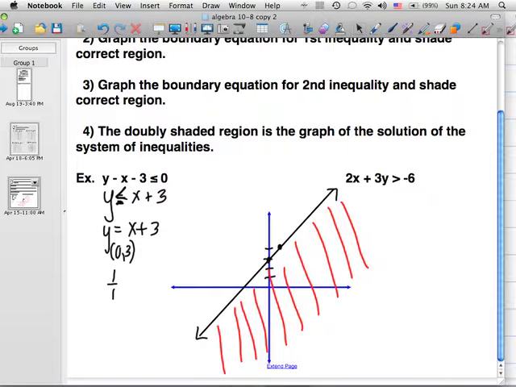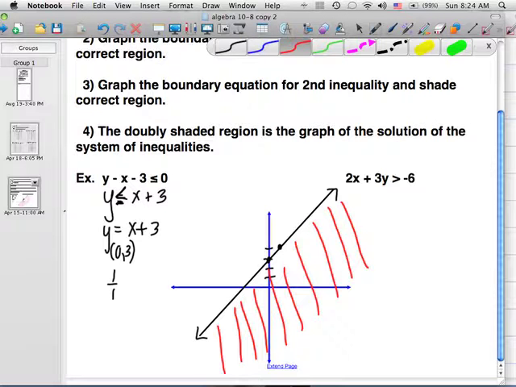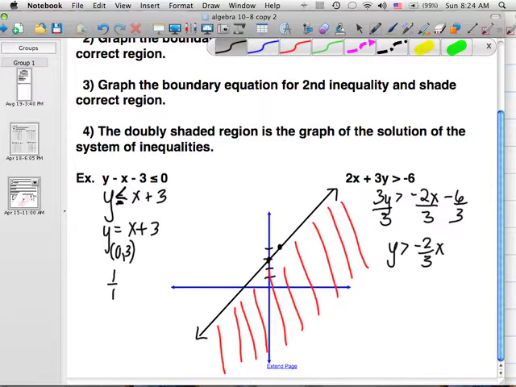The second inequality, we have to solve it for y. So we're going to subtract 2x from both sides. So we get 3y is greater than negative 2x minus 6. Divide each part by 3. So we get y is greater than negative 2/3 x minus 2. So our intercept is 0, negative 2, and our slope is negative 2/3, down 2, right 3.